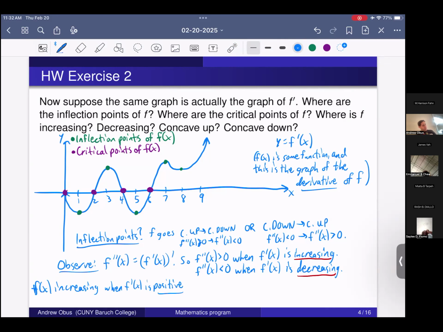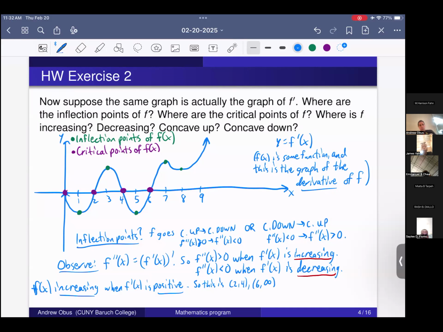Since this is the graph of f prime, we can just see where it's positive. It's positive between 2 and 4, and when x is greater than 6. So this is between 2 and 4 and between 6 and infinity.